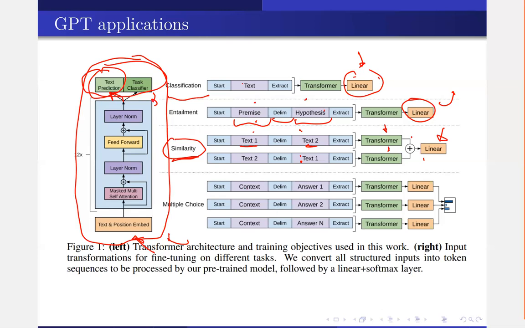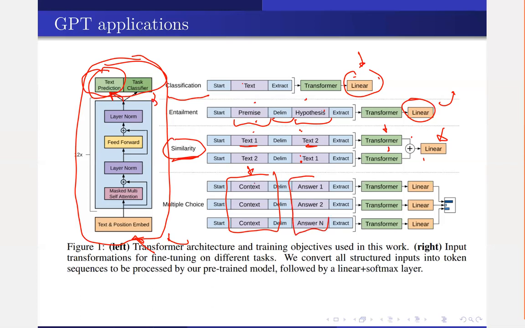And we can also do this kind of multiple choice Q&A. Let's say we put in the context here. It can include maybe just the question, like we can ask a question, and try to predict the answer here.